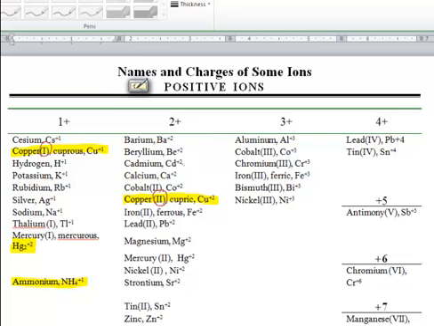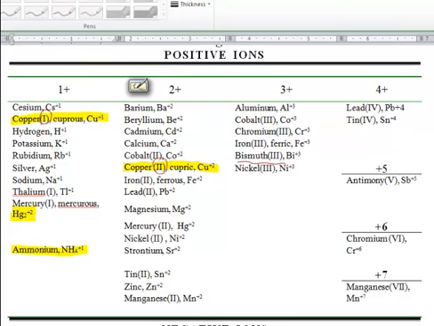Also, there are post-transition metals, and bismuth, you have 3, and you have other charges.